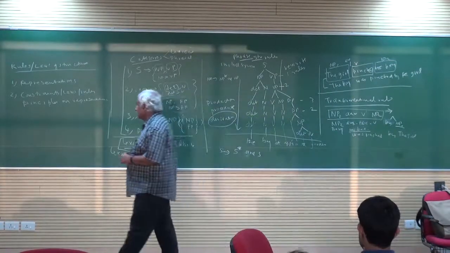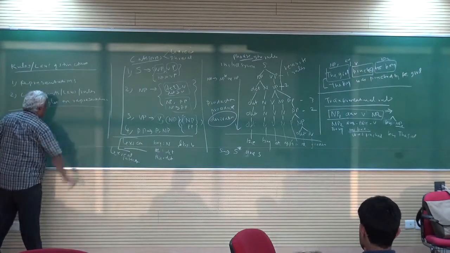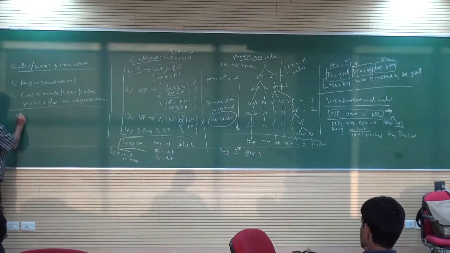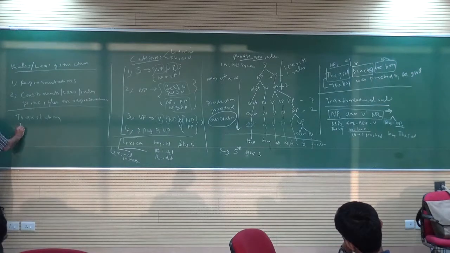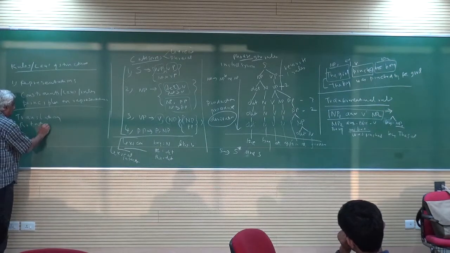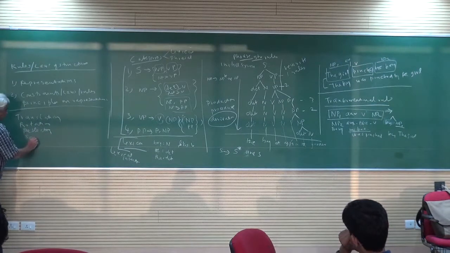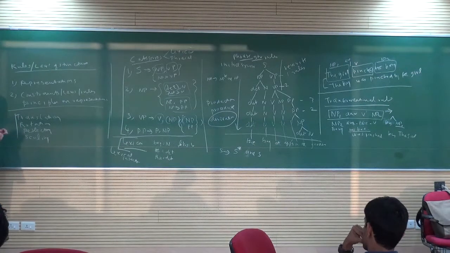Why were they called transformations? Well, if you look at the idea of linear transformations like translation, rotation, reflection, scaling, and so on, what happens in these things is that certain things are kept constant and certain other things are changed.